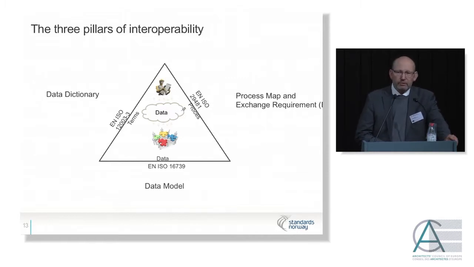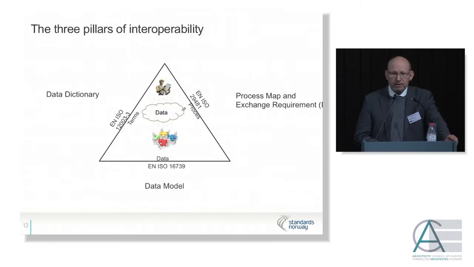So this is the standard that is most relevant, and the reason why I said working group 3 is maybe the most important work, because here we need to describe more in detail or more practical usable for most people, because the standard describes what kind of processes you should do to define your exchange requirement.